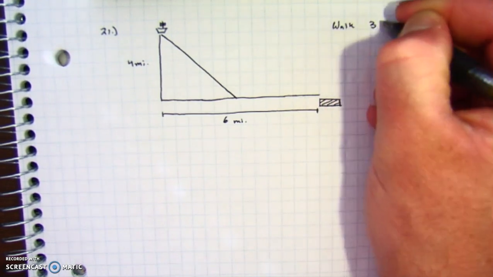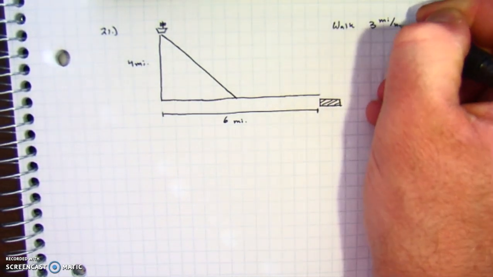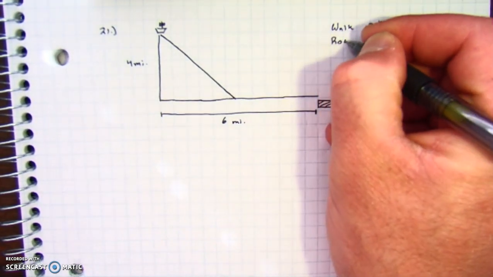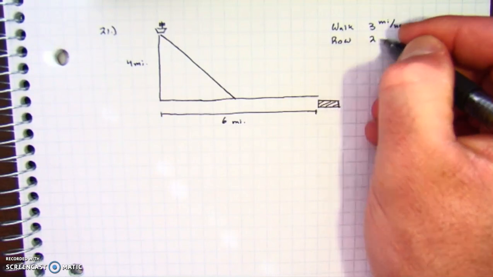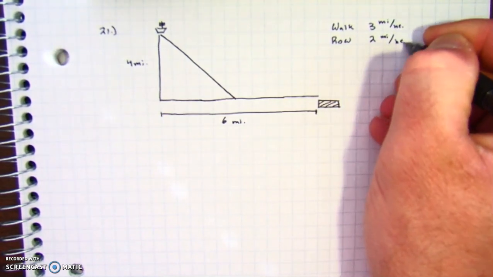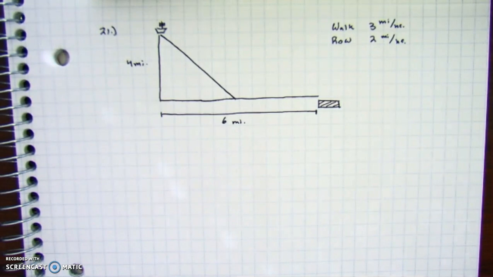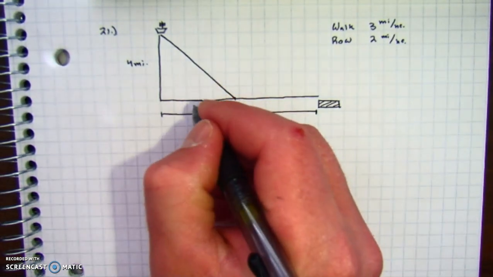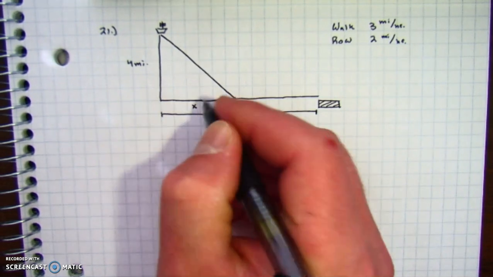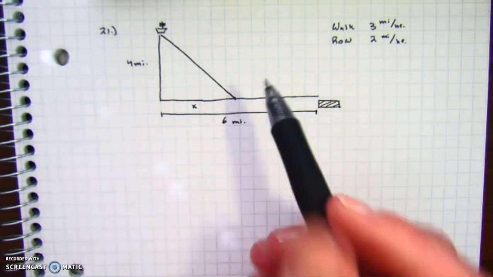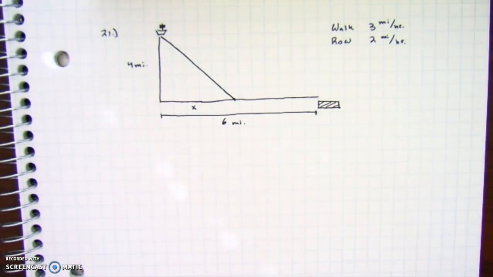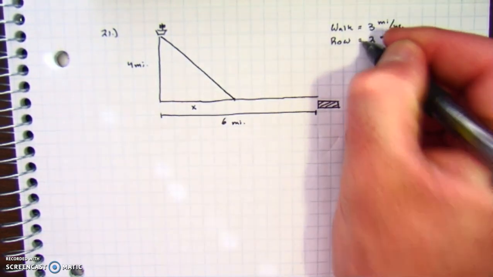I walk at 3 miles per hour, and I can row at 2 miles per hour. So the question is, what distance here, we'll call it x, do I have to row to that will make the time it takes me to row to shore and walk to the restaurant the absolute smallest? How can I do that most efficiently?